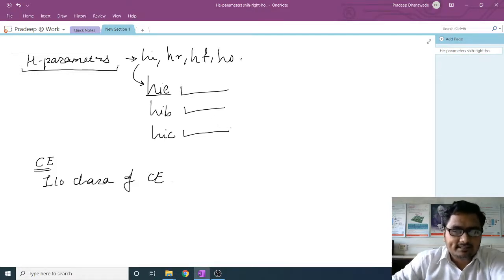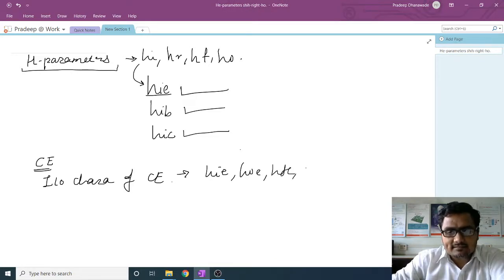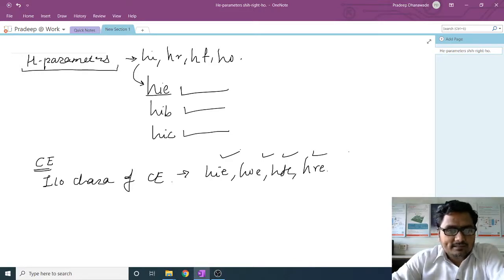From these I will calculate HIE, HOE, HFE as well as HRE. Those four H parameters I am going to calculate with the help of common emitter IO characteristics.